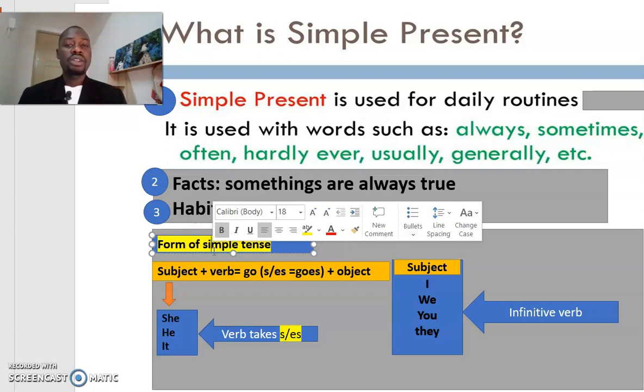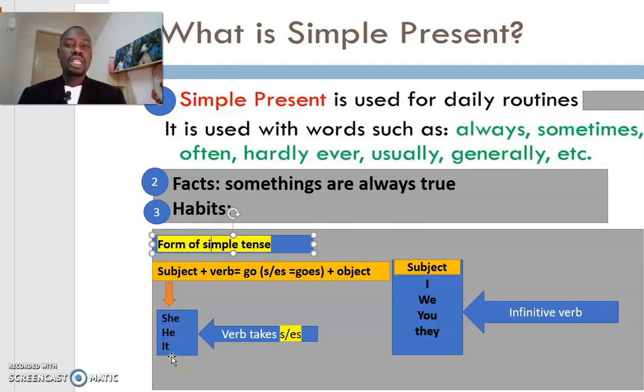We also mentioned there are two types of verbs: verbs that take s or es, and infinitive verbs that don't take s or es. She, he, it are singular, and we have to use verbs with s or es. And here we have infinitive verbs, and the verb doesn't take s or es because here they are infinitive.